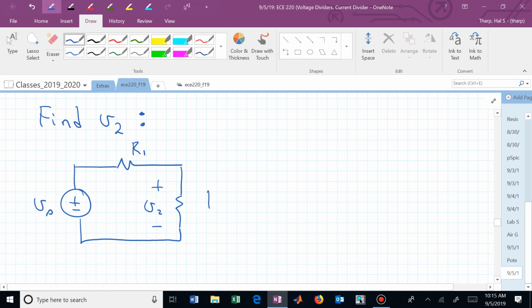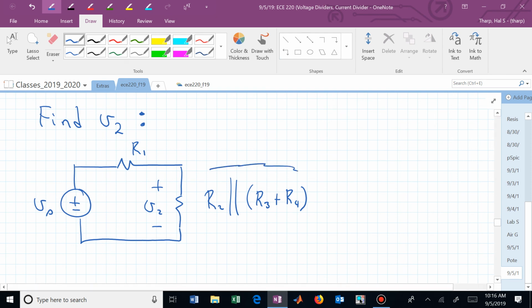Well, that's now R2 in parallel with the sum of R3 and R4. Is that notation okay? We're adding R3 and R4, that's R sub L, and we knew from before that what we need resistor-wise to measure V2 is R equivalent, which was R2 in parallel with R sub L.